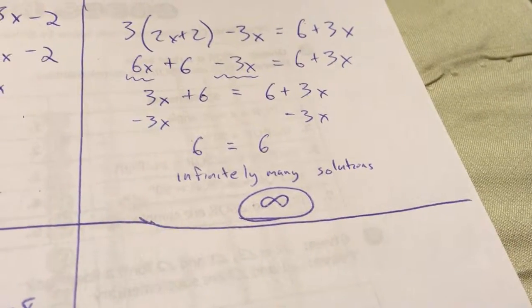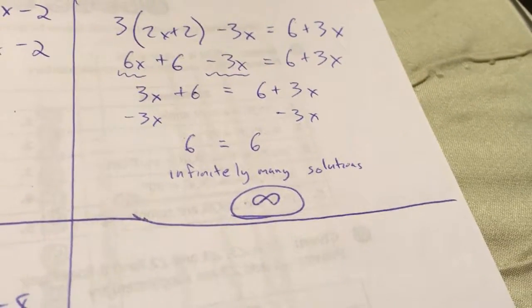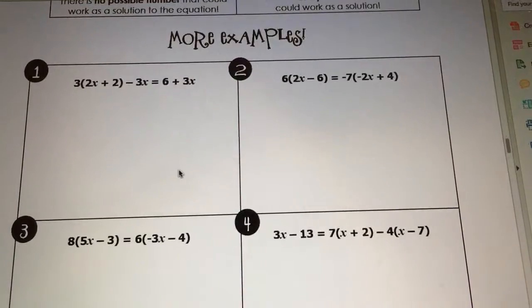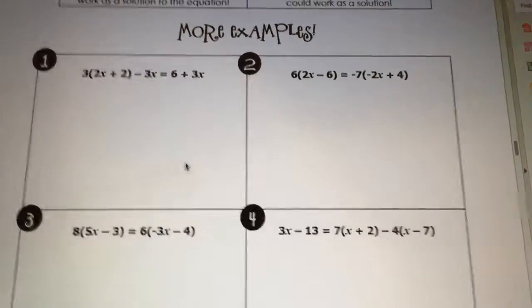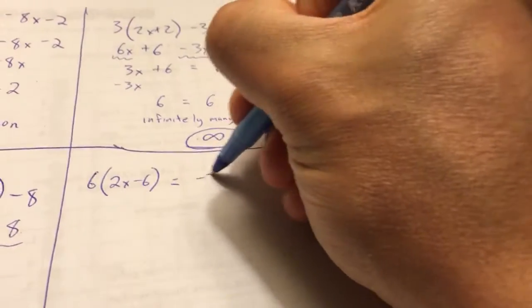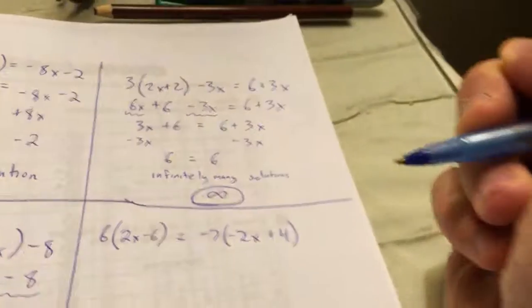All right, we're going to do number 2, then I'll set you guys loose on your own. So, for number 2, we have 6 times 2x minus 6 equals negative 7 times negative 2x plus 4.